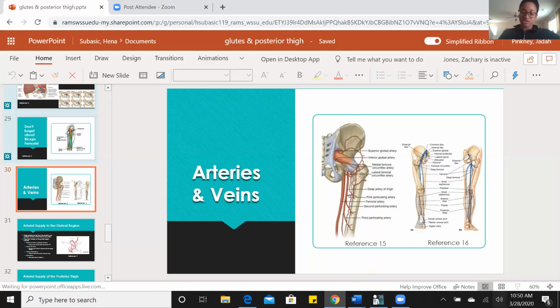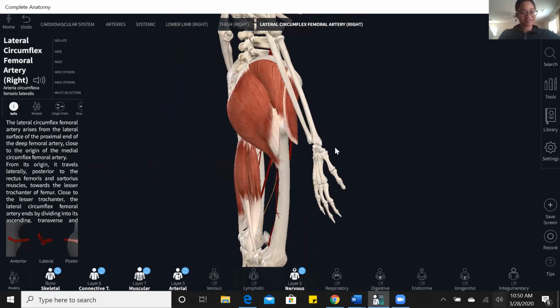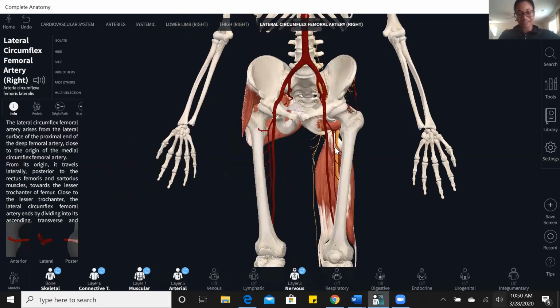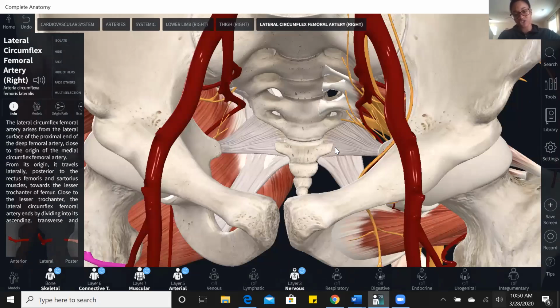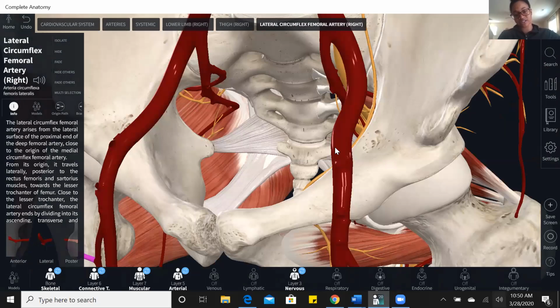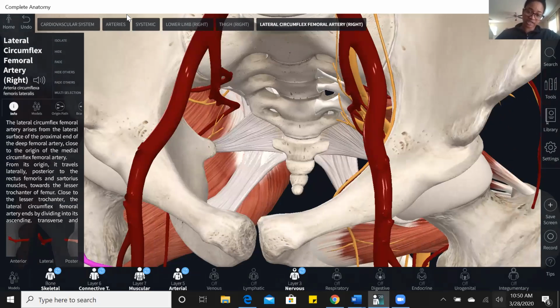So now I'm going to go to Complete Anatomy, where everything here is greatly laid out. As you can see, you can use your ligaments here, so the sacrotuberous and sacrospinous, to see the greater sciatic foramen, which is where most of the arteries are going to go through, along with those nerves Hannah was talking about.